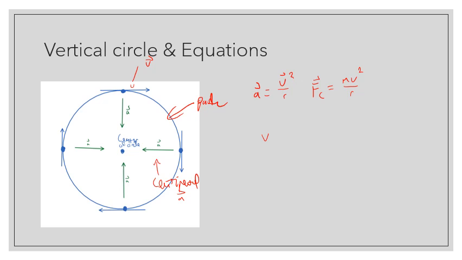Velocity is equal to 2 pi r over t, where Fc is equal to Ft, the force of tension in the string or rope that has the object on it creating this circular motion, plus the force of gravity.